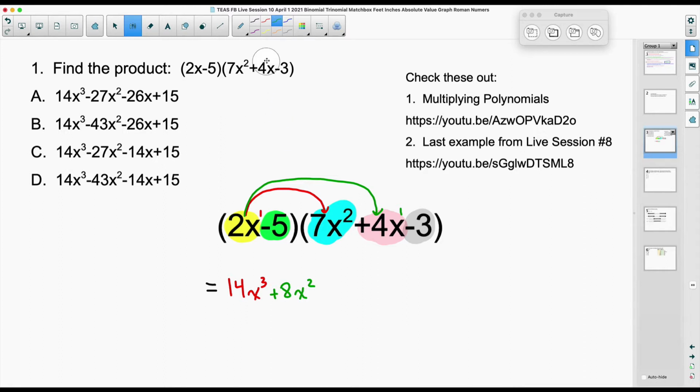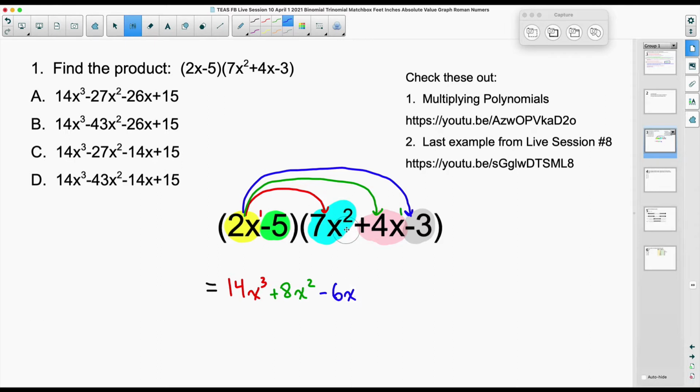Now we have to distribute one more time for this 2x. 2x times a -3. 2 times -3, watch your signs, is a -6. And what people forget is they see this -3 and forget that this was a 2x. You've got to keep that x along for the ride as well. So I've distributed 3 times.